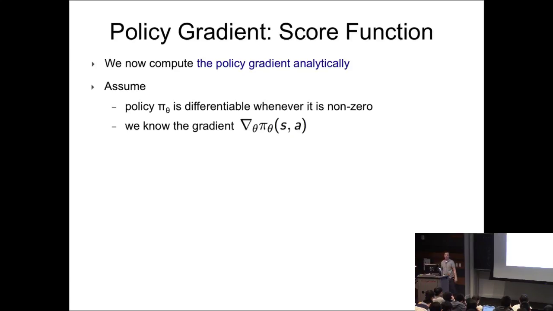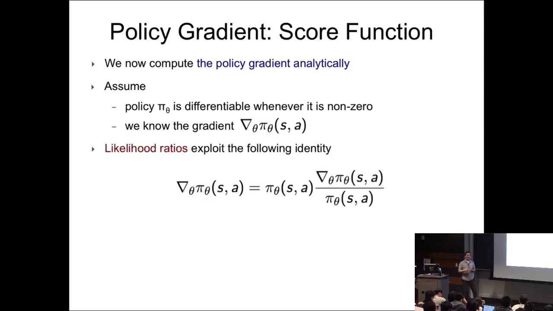Think of it as just saying I want my policy to be differentiable, so we know the gradients of this quantity. Think of it as a neural network: you have some state, you have some differentiable mapping that maps states to actions, and you can compute the derivatives. So that's one assumption we have to make.